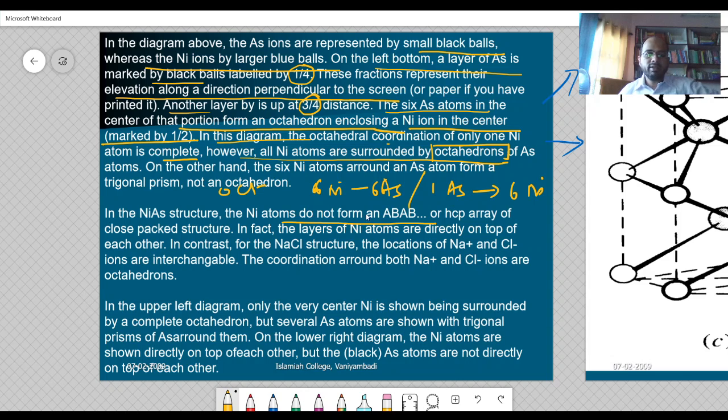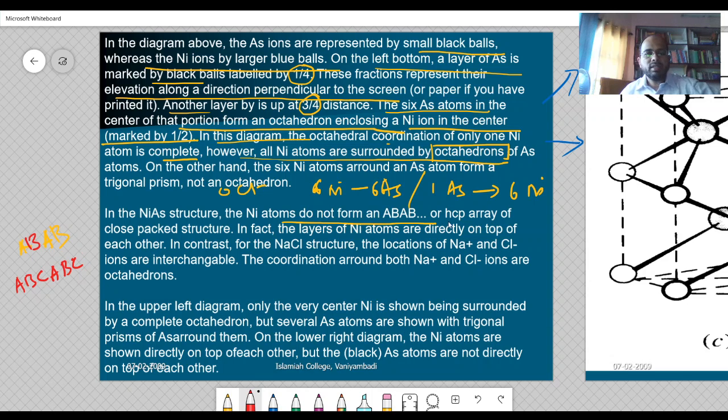So I will explain. AB means the first layer is different from the second layer. But if you have a third layer also different, then you call it an ABC layer like that.